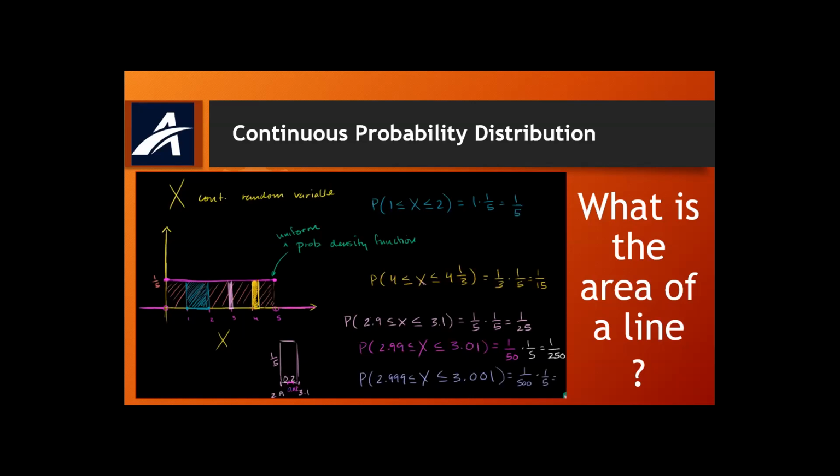Because right now it is continuous. So the value you're seeing, 1 over 25, is the probability of getting any value there between 2.9 and 3.1. So if we say, what is the probability of getting 3? Because 3 is between 2.9 and 3.1. Yeah? Do we understand each other? Yes. Okay, perfect.